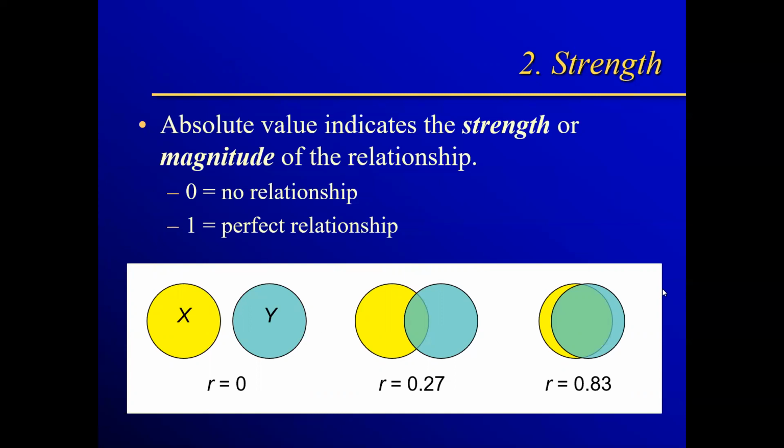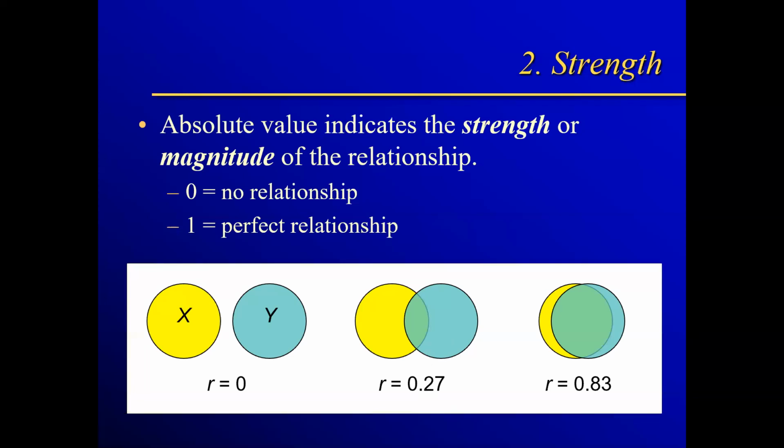I don't particularly like this graph down here, but it kind of shows you the relationship. So if there's no correlation between your two variables, they don't overlap in any way. If it's a weaker correlation, so the number between 0 and 1 is closer to 0, but it's not 0, so it's a smaller number, they're related, but they're not really that related.